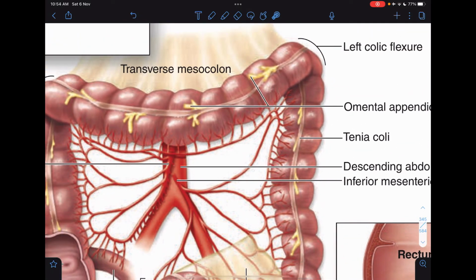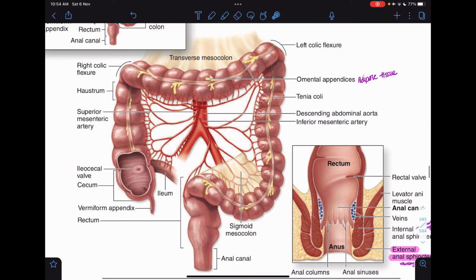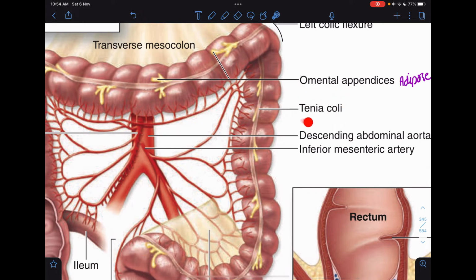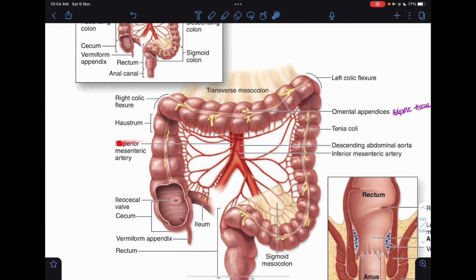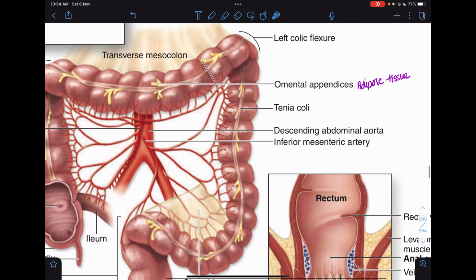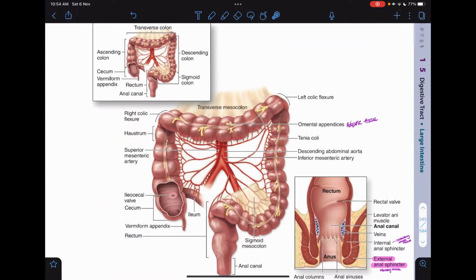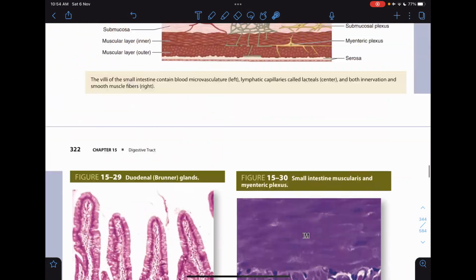As you can see, they cover the large intestine. هي Tinea coli. Tinea coli is actually responsible for the hostra or the circulation اللي بتكون موجودة على large intestine, and the Tinea coli is actually shorter than the large intestine, which is why في عنا هدول circulations or the hostra.